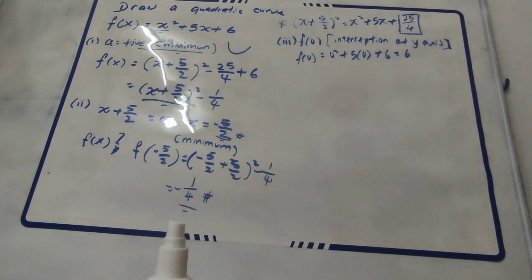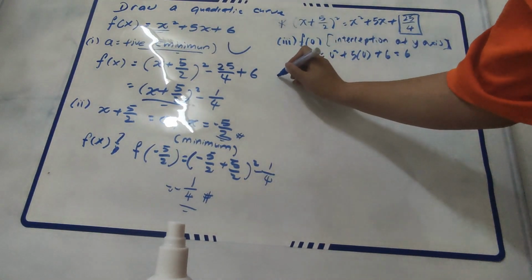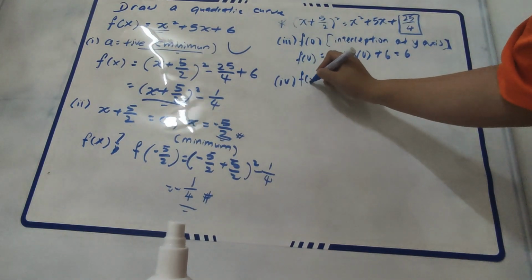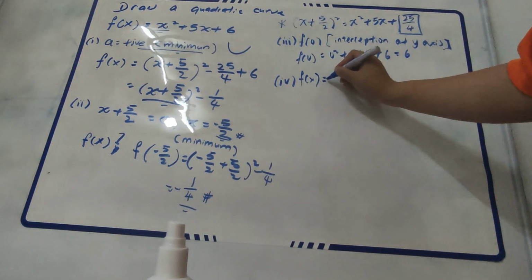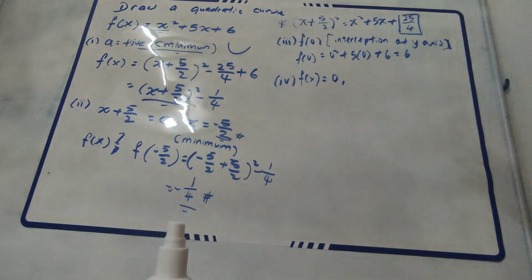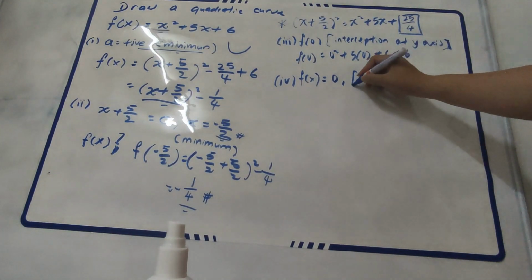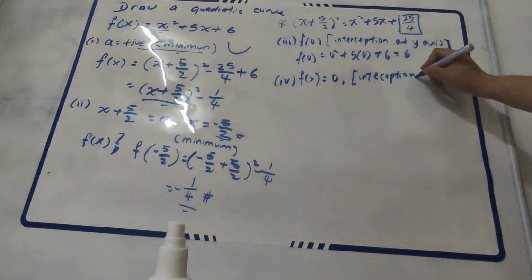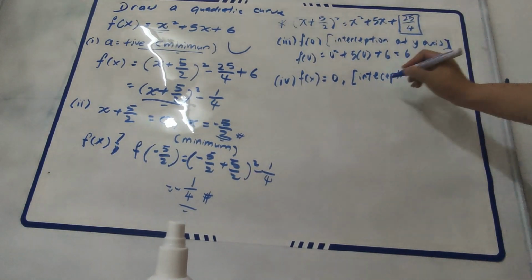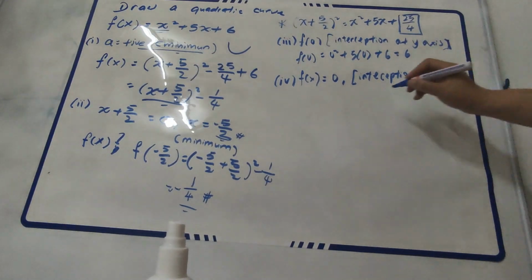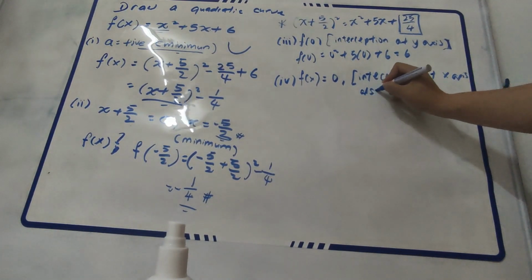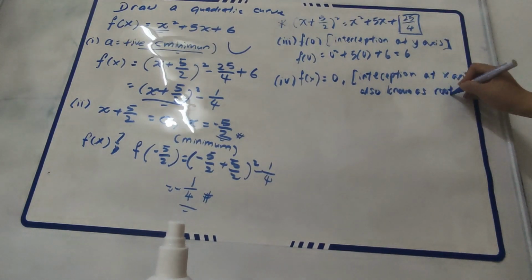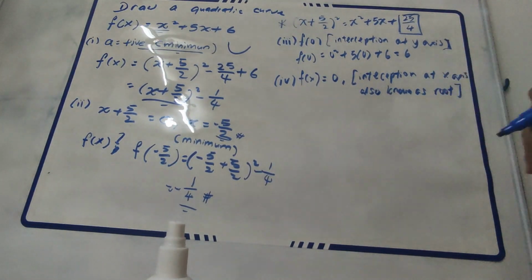And for the last one, what happens if your f(x) equals 0? You need to find the intersection at the x-axis. Sometimes it can be called a root, also known as roots, or sometimes they might have no roots.